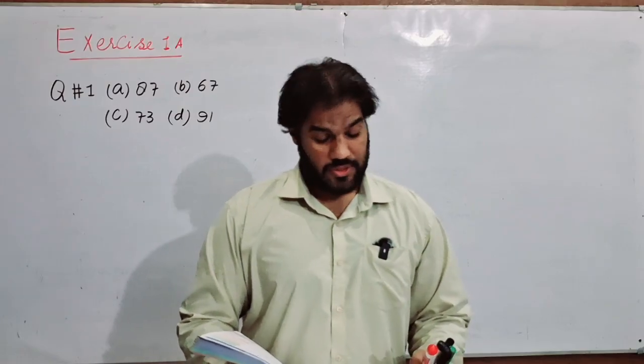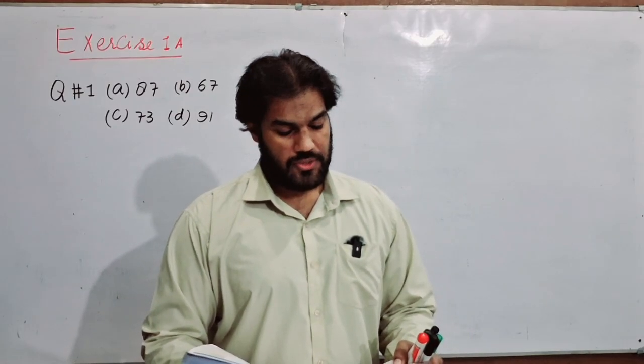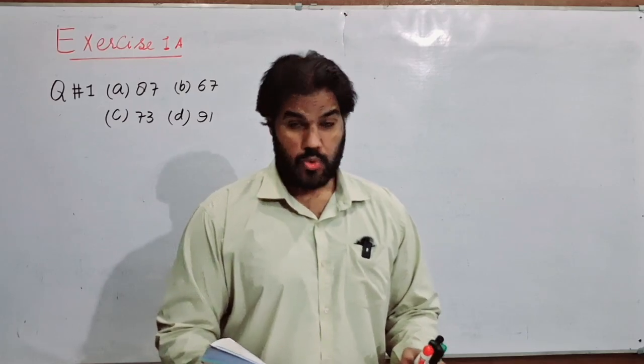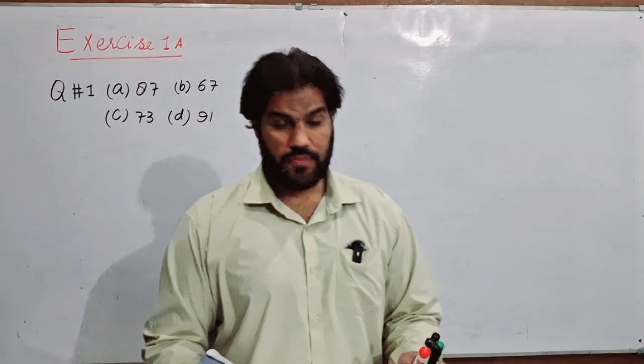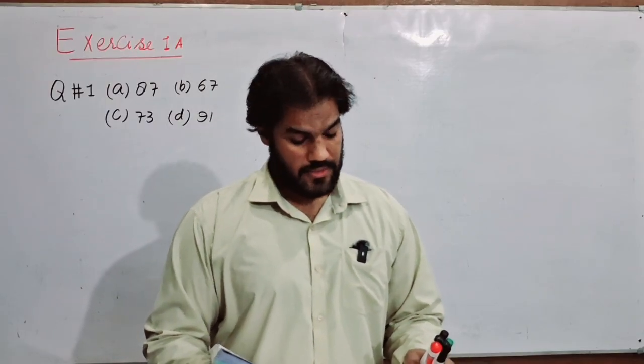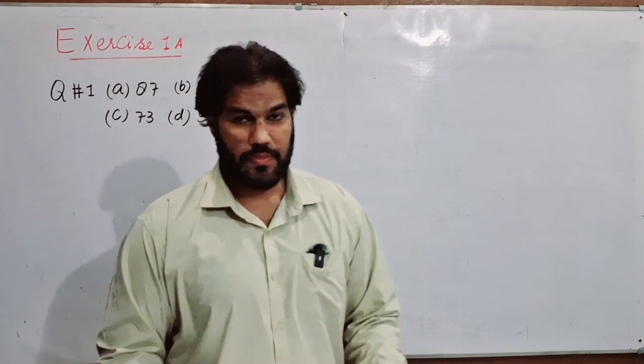So in this lecture, inshallah, I will try to complete this exercise 1A. So let us start our discussion from question number 1. The question number 1 states that determine whether each of the following is a prime or composite number.